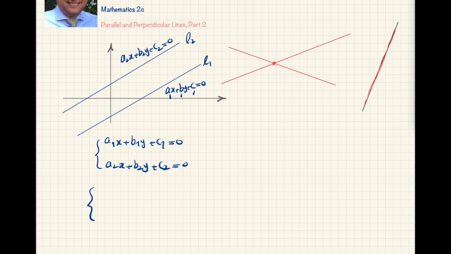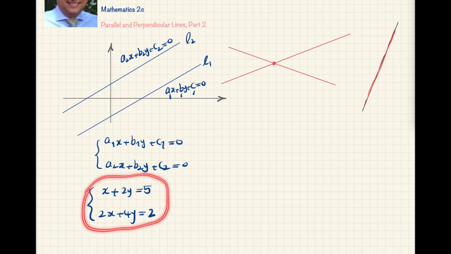So for example, I ask you to solve this system. With the same equations, I would write 2x plus 2y equals 5, and 2x plus 4y equals 2. Do you remember? You have a little bit of familiarity with this. So in principle, you should be able to solve this algebraically without referring to the geometry at all.